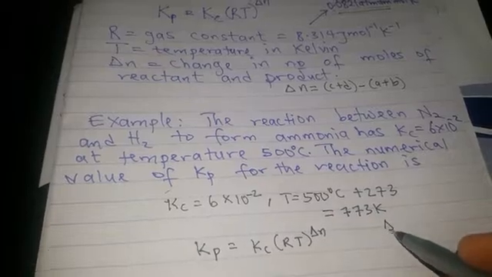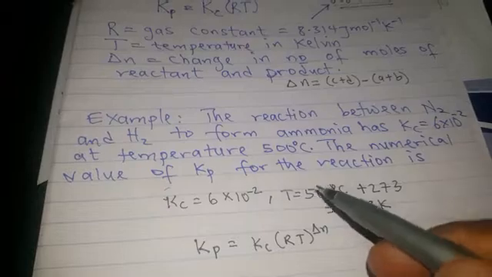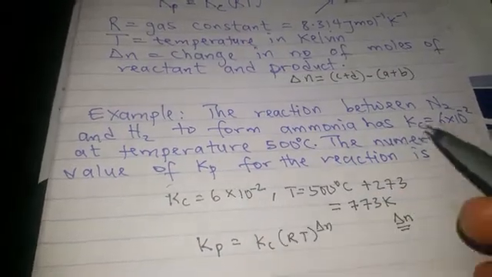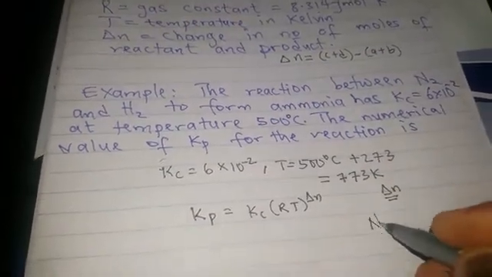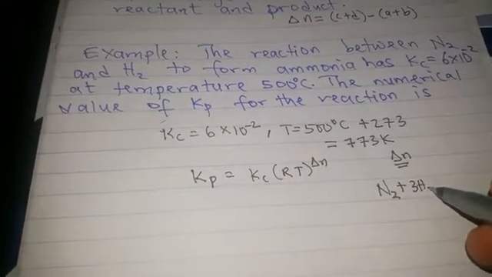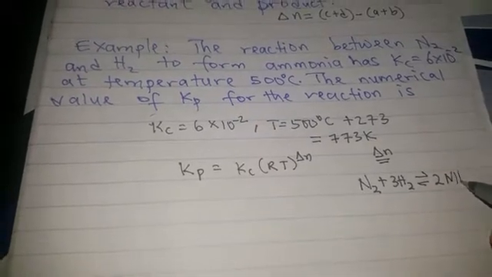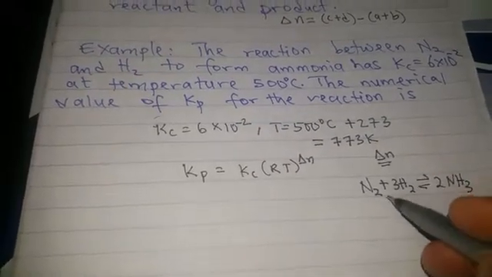We can't tell the value of delta N until we write the balanced equation between nitrogen and hydrogen. The balanced equation is nitrogen plus 3 hydrogen giving us 2 molecules of ammonia, and they are all gases.